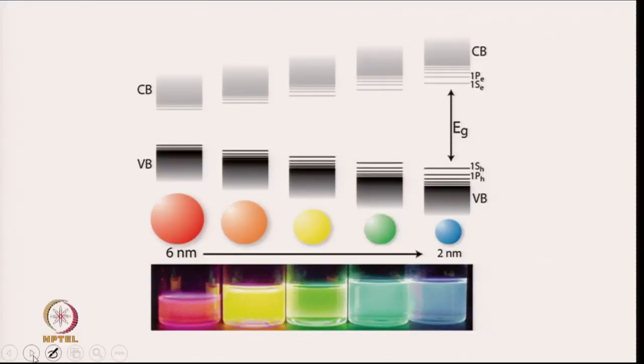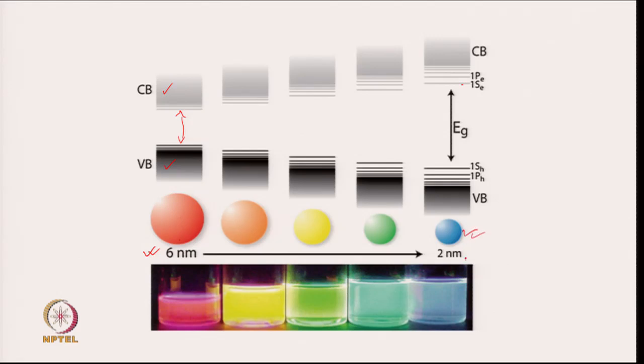This is the way you can explain the color of quantum dots, and again you can show it by the energy profile. Here is the conduction band, here is the valence band. When this is small, you see the red color, when this is large you see blue color. Red you get when the size is big, blue you get when size is small.